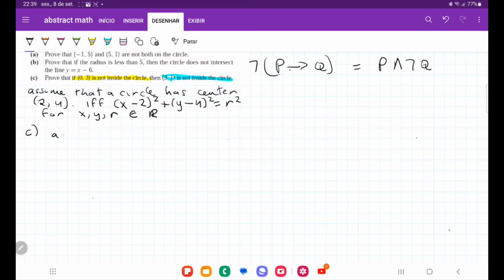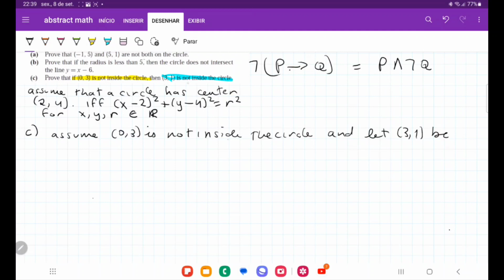So assume (0, 3) is not inside the circle, and assume not Q. And let (3, 1) be, so not inside means inside, be inside the circle.